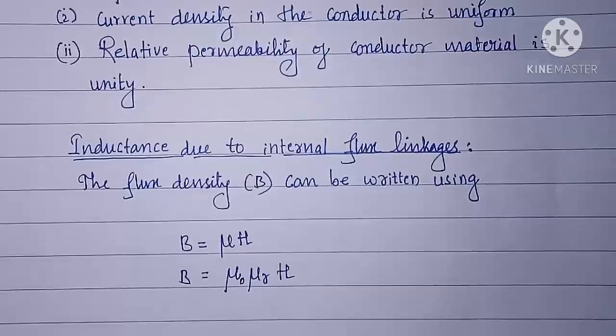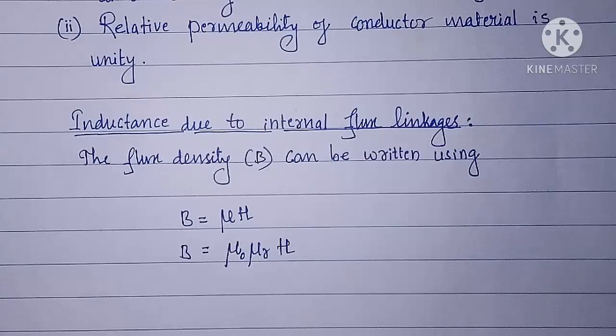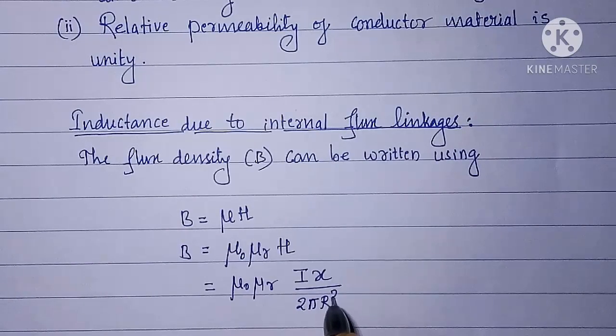So B becomes mu naught into mu r into H. But H value inside the conductor we have learnt yesterday. So we'll replace H by that relationship. What is that relationship? H inside the conductor is I into X upon 2 pi R square.